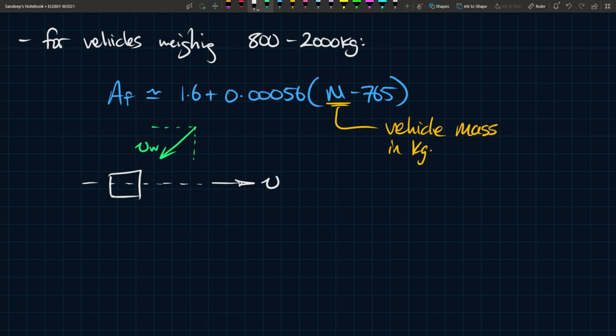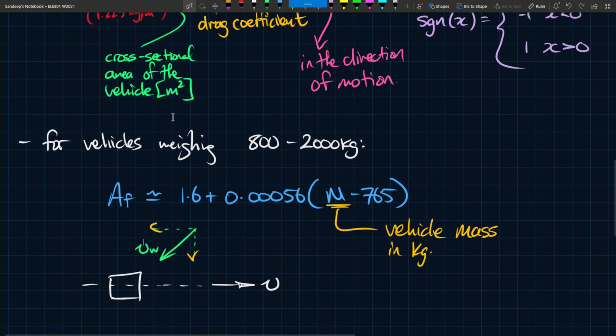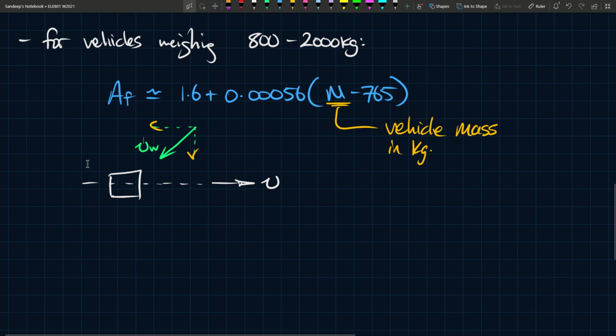You can always decompose this into two components, where one component is here and one component is here, and then you can find the one that opposes the direction of motion, and go from there and do all these calculations. But for the most part, we won't deal with situations like that in any of the analysis we do in this set of videos. So you probably won't have to deal with anything along these lines.